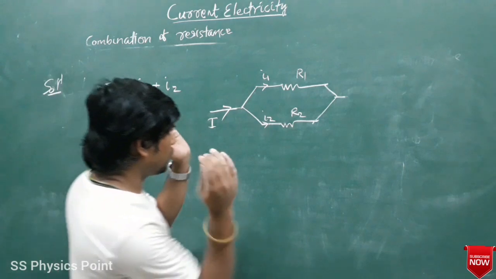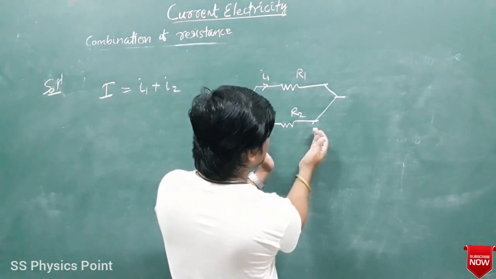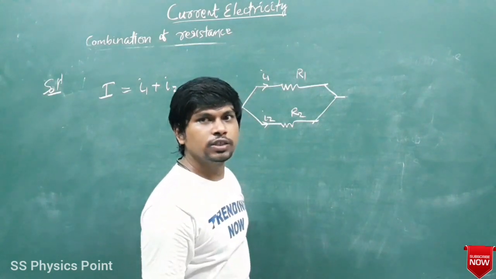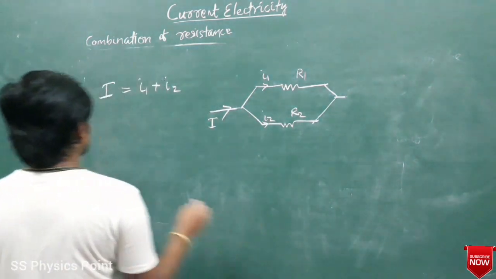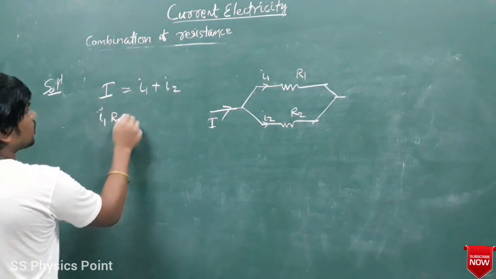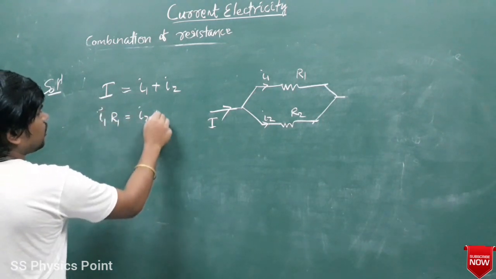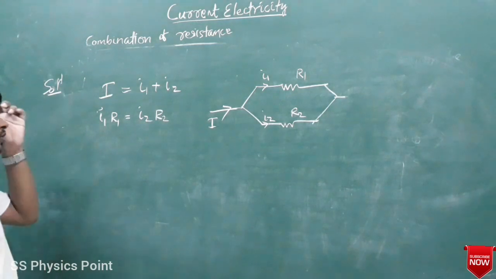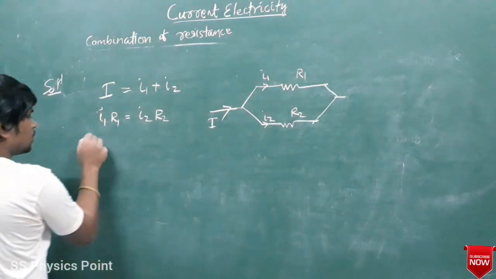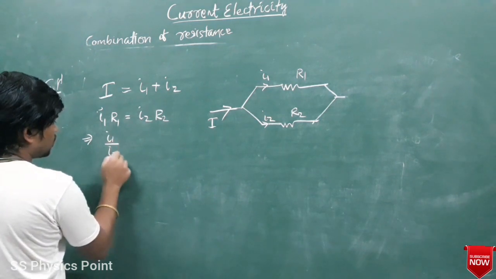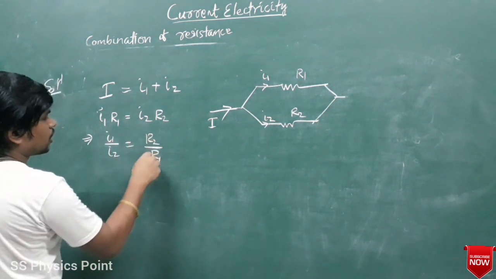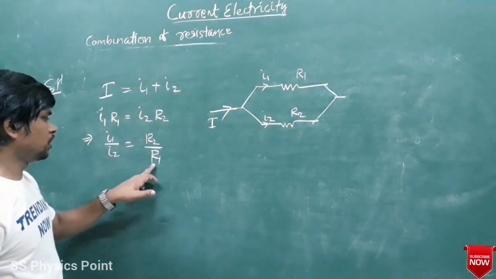लेकिन उसमें दिक्कत है कि potential drop across this resistor should be equal to the potential drop across this resistor. So just do that one. I1 R1, potential drop across first resistor should be equal to the potential drop across the second resistor। तो इसमें से क्या निकल जाएगा, I1 by I2 निकालो, कितना हो जाएगा, R2 by R1। तो you can do it in 2 or 3 ways.